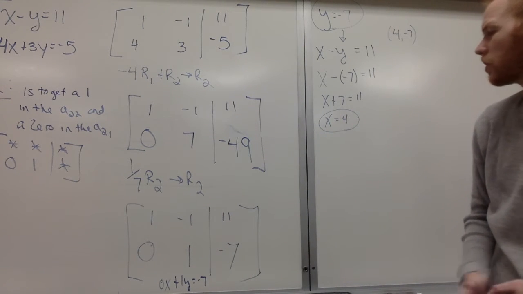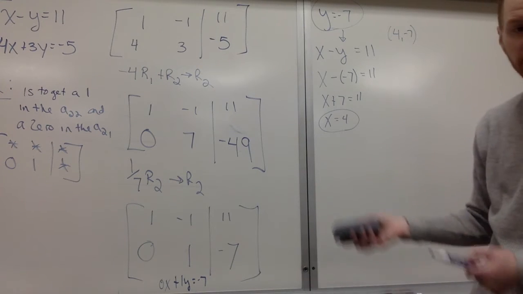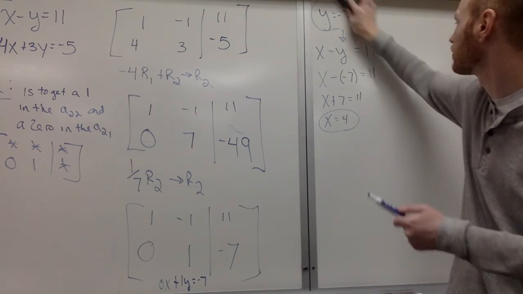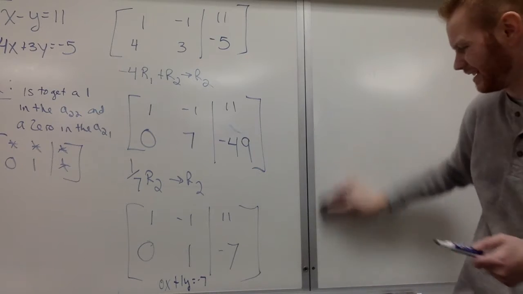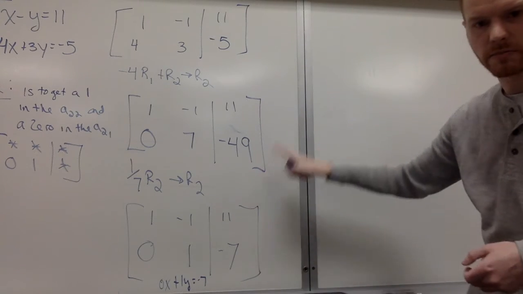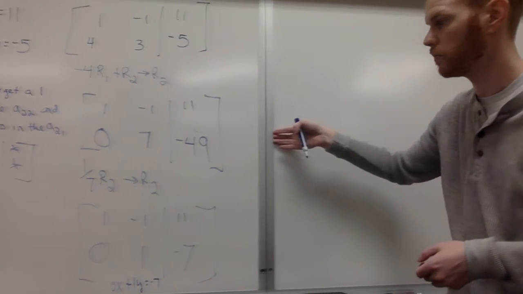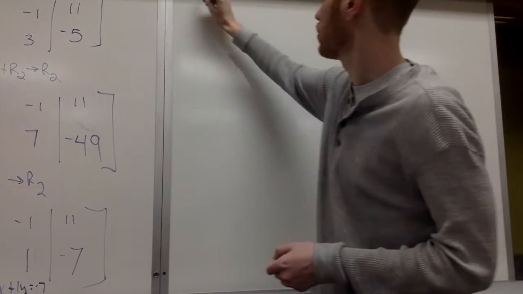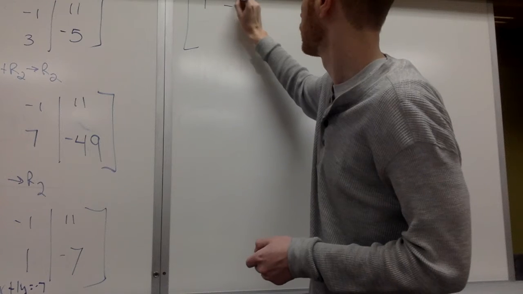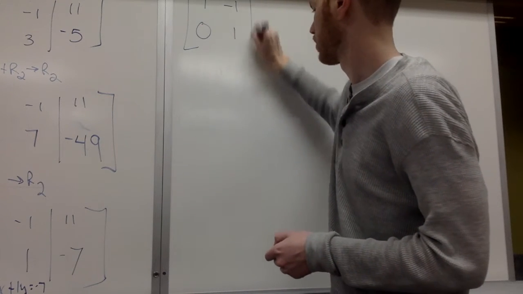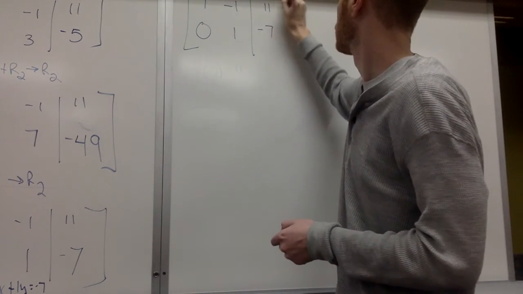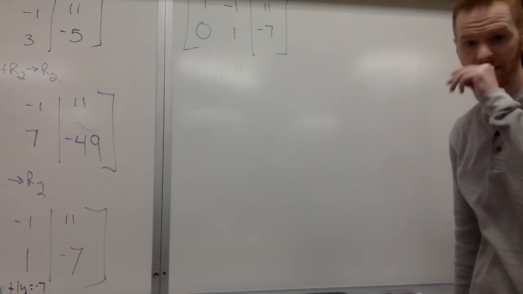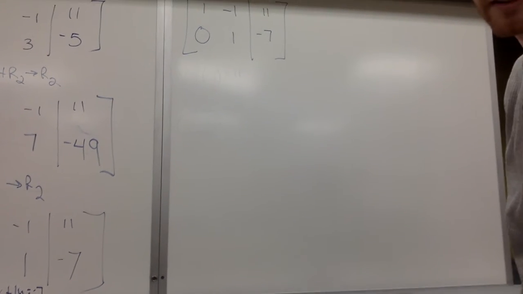Okay, so I'm going to erase this, guys. Boom, it's gone. All right, I'm going to rewrite this matrix over here. We're moving stuff around here. So let's say we didn't stop. Let's say we kept going.